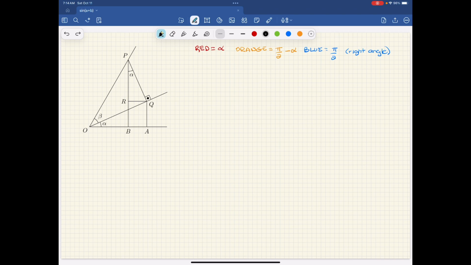We're going to start by identifying where the right angles are in this image. And remember that a right angle, of course, has a degree measure of 90 degrees and a radian measure of pi over 2. So we're going to mark those angles in blue, and we're going to see that we have a nice right angle here, and here, and here, and here.